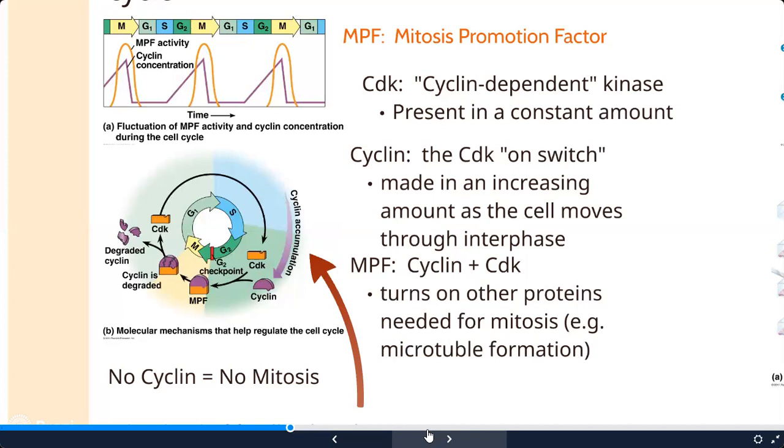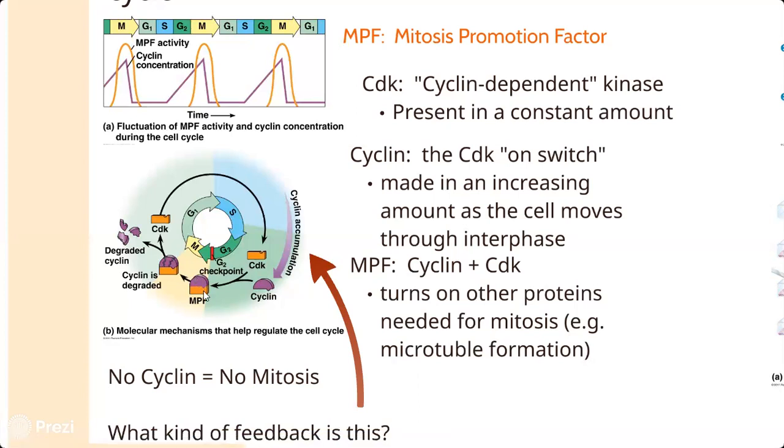But cyclin is basically a cofactor. It's an on switch for the CDK. So when cyclin is present, it attaches to the CDK, like you can see in the diagram here. Okay, and when the two are together, the CDK is turned on, and at that point we call it MPF, mitosis promotion factor.